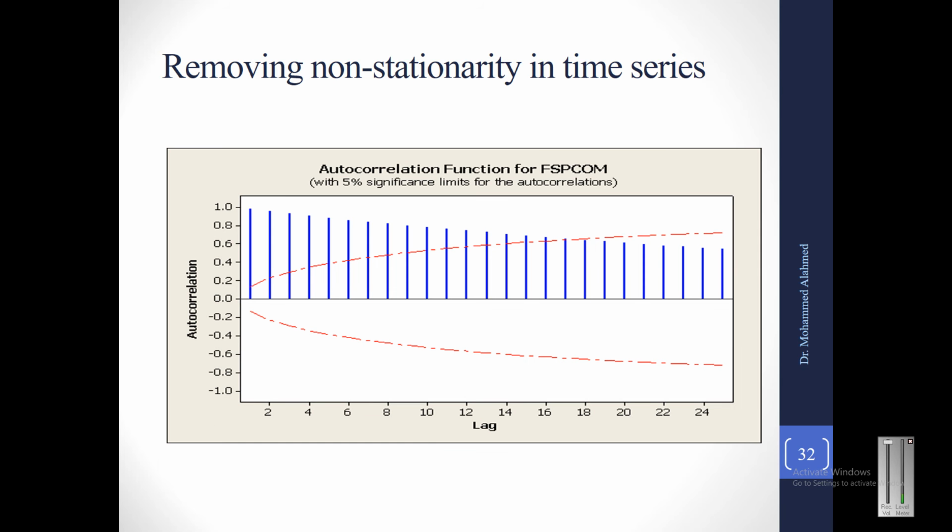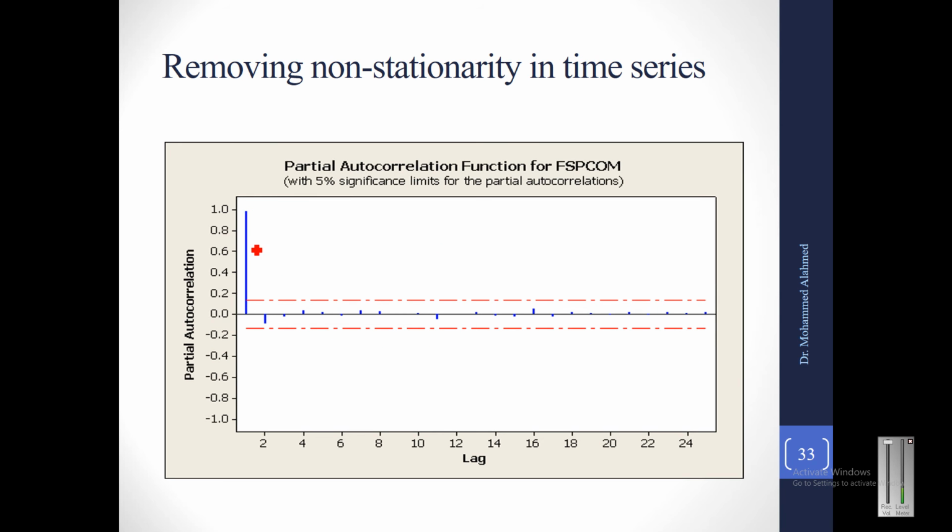Now, they first calculate the ACF. You can see we have a large number of ACFs which are above the interval, 1, 2, 3, 4, 5, 6, 7, 8, 9, 10, 11, almost 17. Up to lag 17, they have coefficients above the interval level, and there is also a slow decay, so both conditions are satisfied.